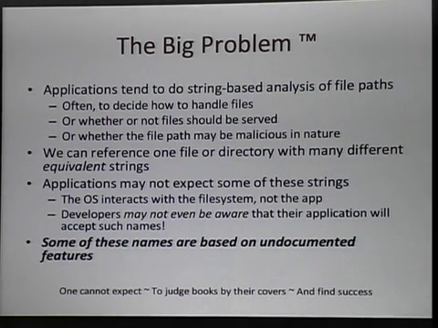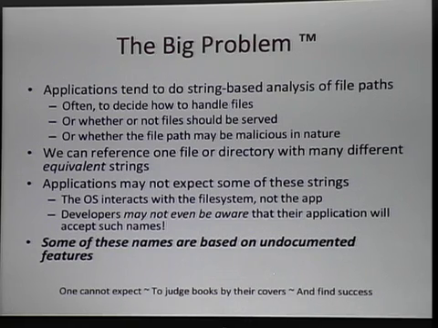So the big problem here is that applications tend to do string-based comparison of file paths and file names rather than actually checking the file system. The problem with this is that we can reference one file with a bunch of different names, and that's why we have Windows file pseudonyms, so fake names.